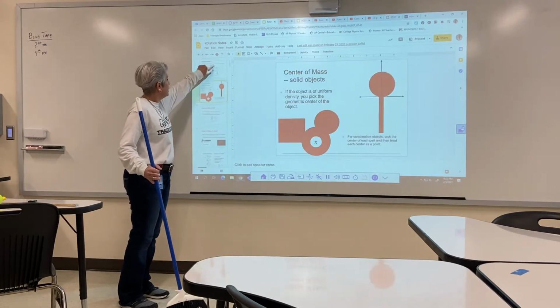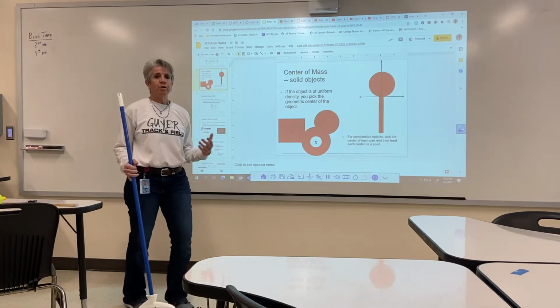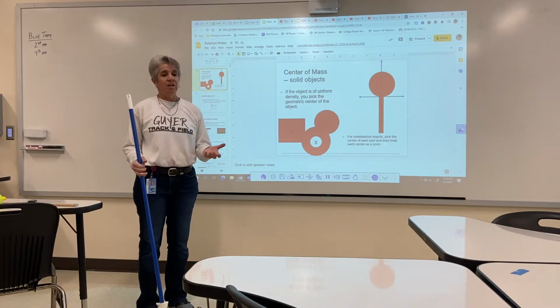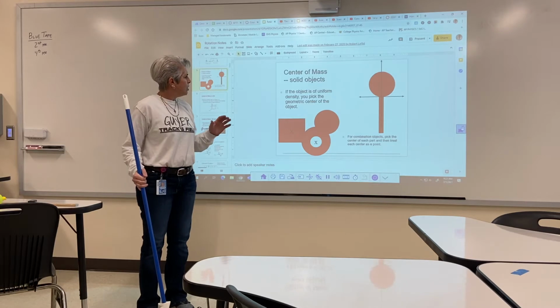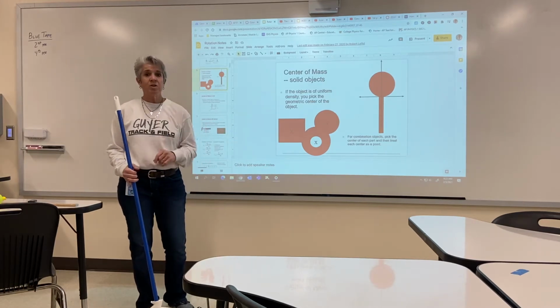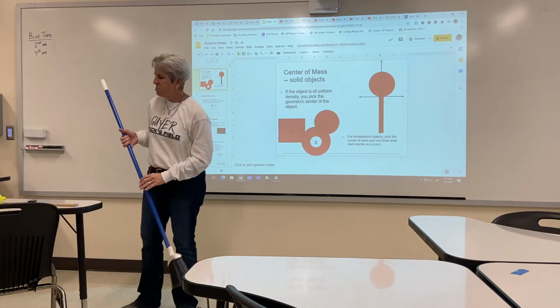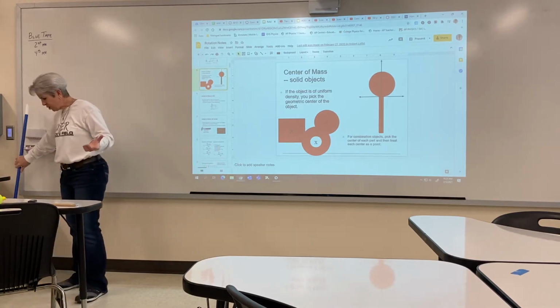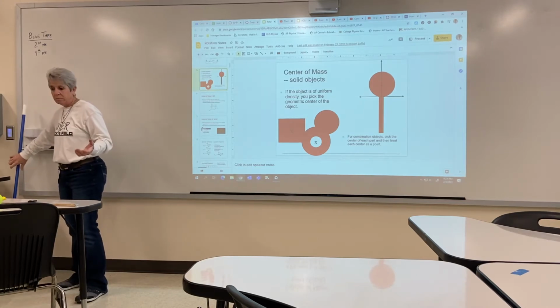Now, many objects are solid or uniform shape. Think of a basketball or any kind of ball, really. Objects that have a uniform shape are going to have a center of mass in their geometric center. And sometimes there's mass there, and sometimes there's not. For example, a basketball might be full of air.